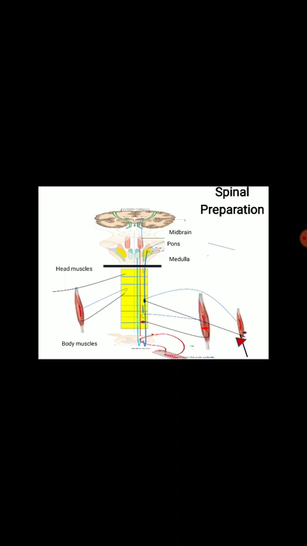So classically, when one of the muscles is contracting, the antagonist must relax. For example, when biceps is contracting, there must be relaxation of the triceps muscle. So this is called reciprocal innervation. This is again happening reflexly under normal conditions, but classically visible in the spinal animal. So this reflex is called reciprocal innervation.